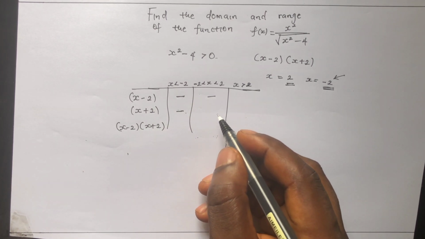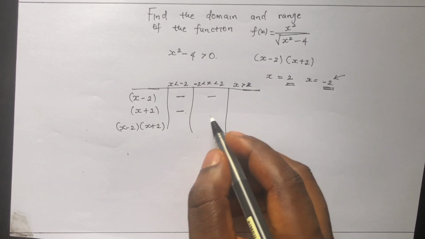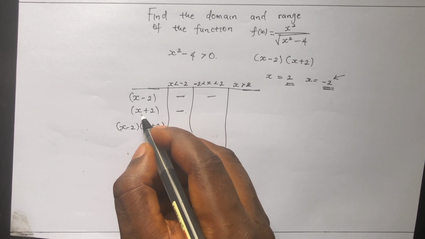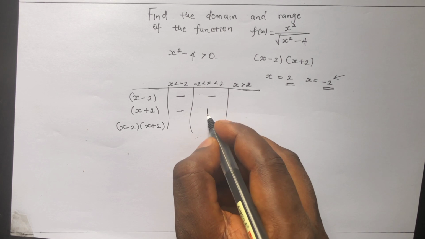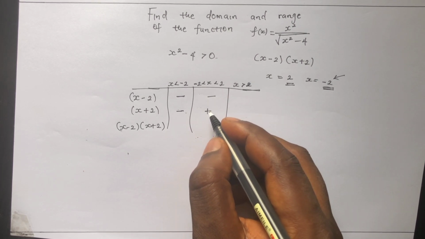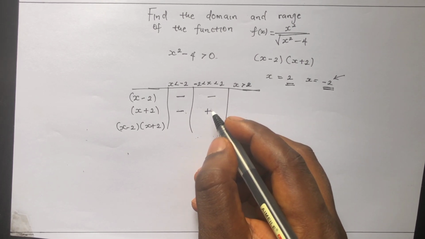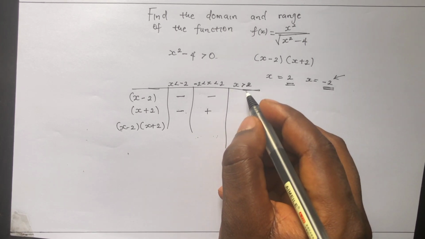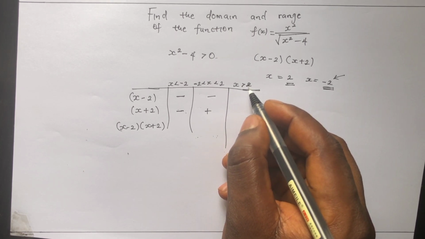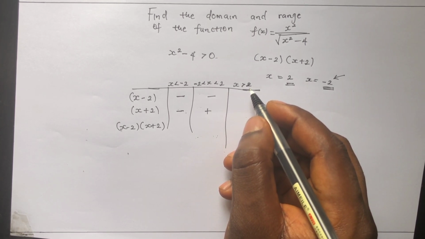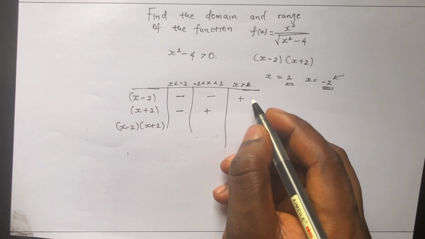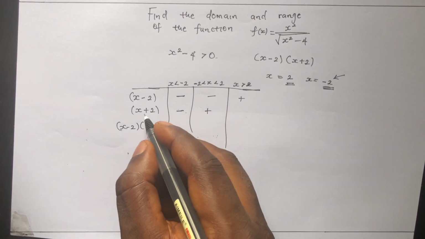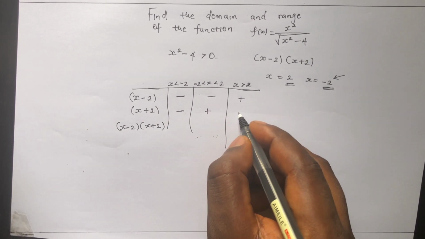And then if we substitute negative 1 for x here, we have a positive sign, because negative 1 plus 2 gives us positive 1. Then when we substitute a number greater than 2, let's say 2.1345, we obtain a positive sign, and we also obtain a positive sign here.